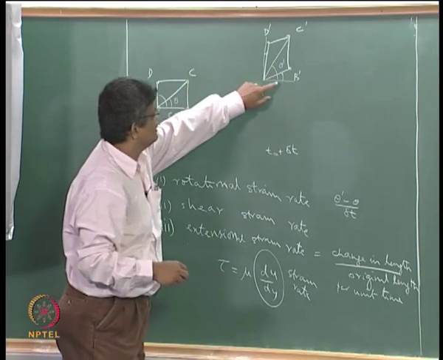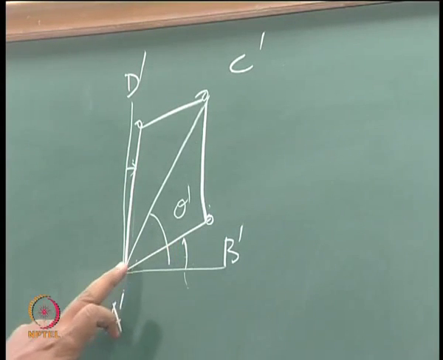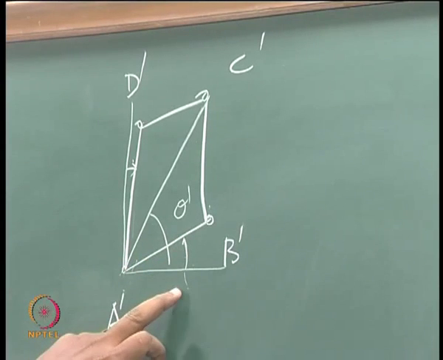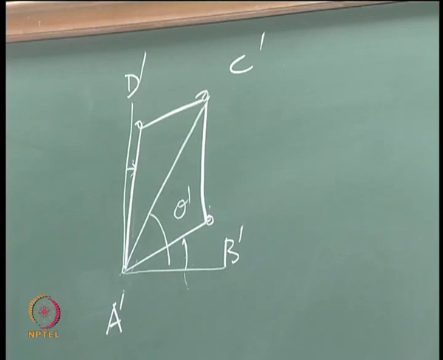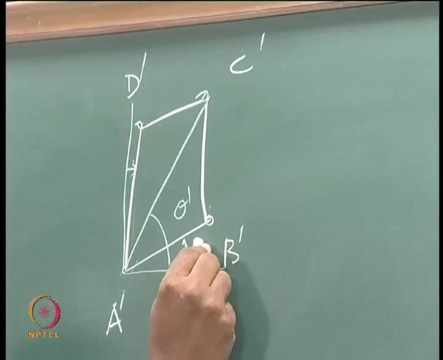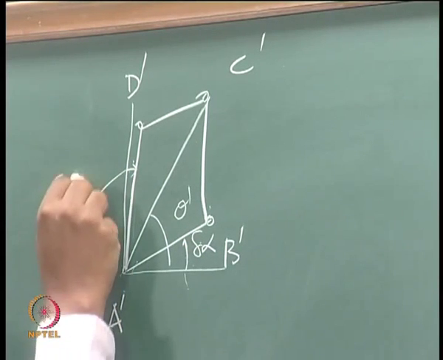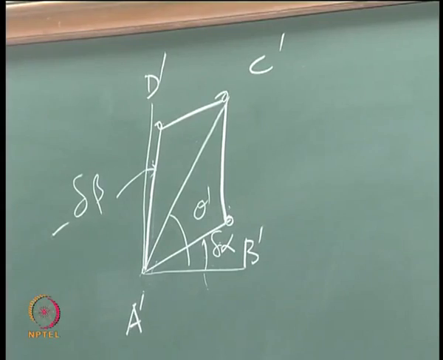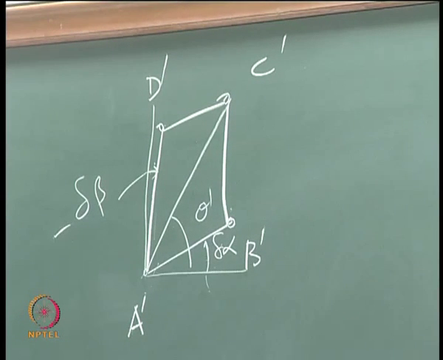So that is also related to the change in the angle of A prime B prime with respect to horizontal, and the angle of A prime D prime with respect to the vertical, which will give us the shear rate. Okay, so this is with respect to these angles, say delta alpha and delta beta. We will see what these things are. So we can say that this is half of delta alpha plus delta beta divided by delta t.